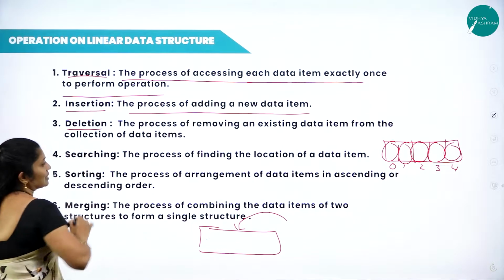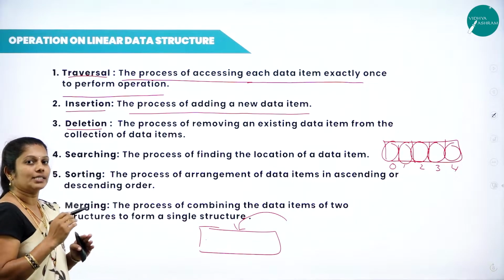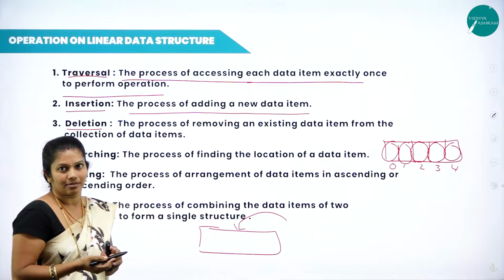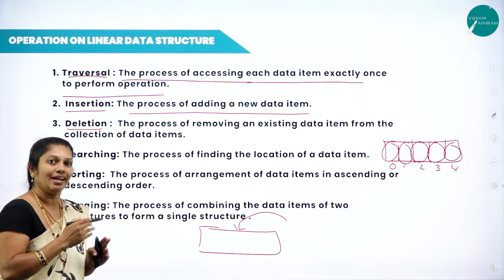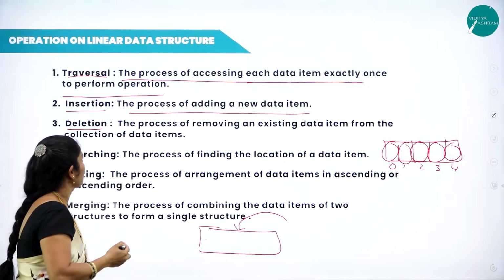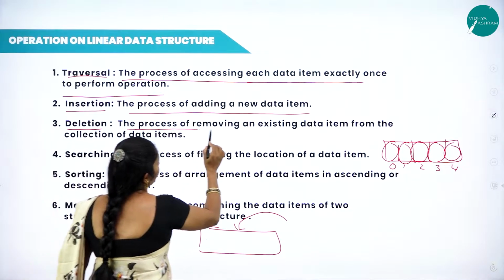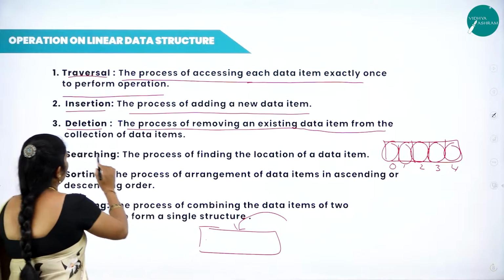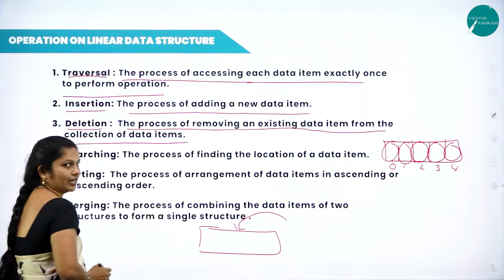The next one is deletion. Deletion is a process of deleting unwanted items. Whichever items we don't want, we can remove from a particular position. It is a process of removing an existing data item from the collection of data items.